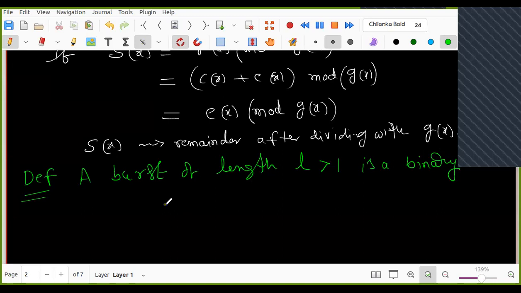I am just confining myself to binary; till now I was talking about F_q, but to make it easy, you can extend it to any field.